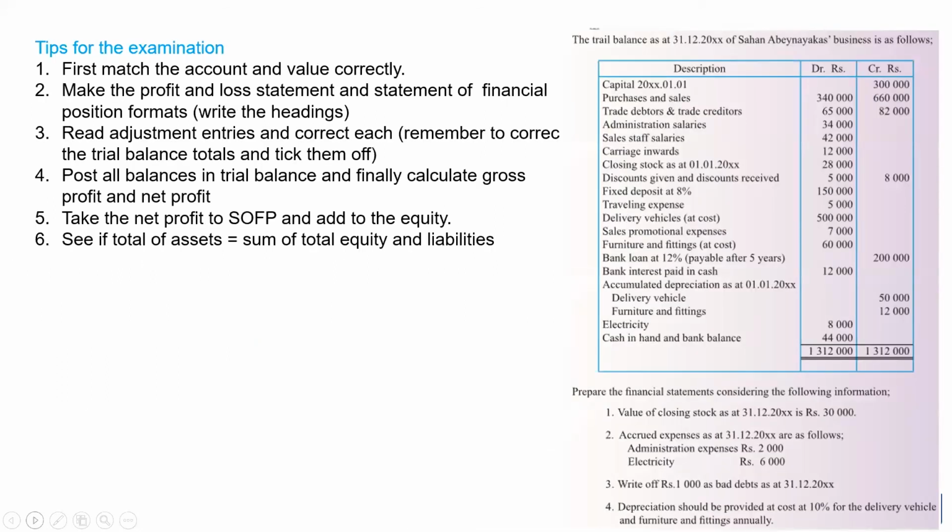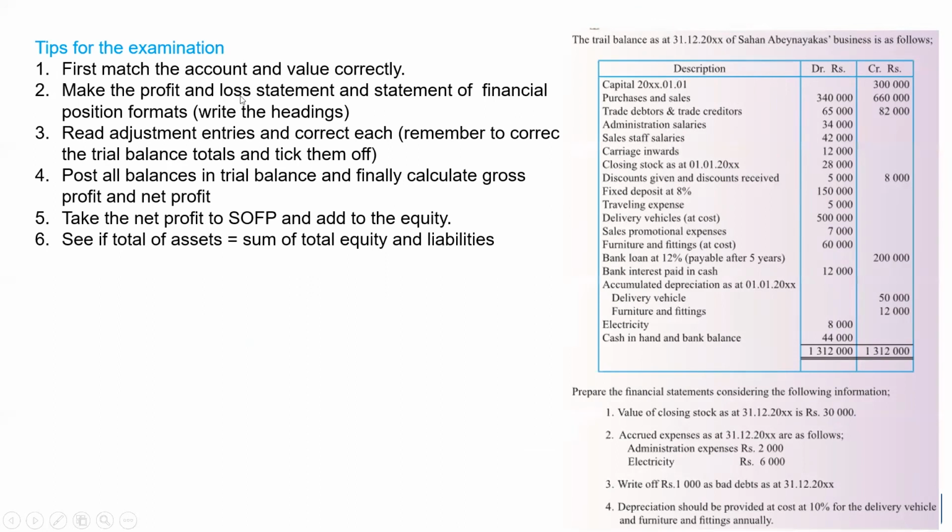So now I'm going to discuss a few tips for your examination. So when you get the paper, as I will be stating in the future videos also, first match the values with the particular title of the account, right? When you do so, you won't be confused. Even if you are stressed, you can do it with proper clarity.